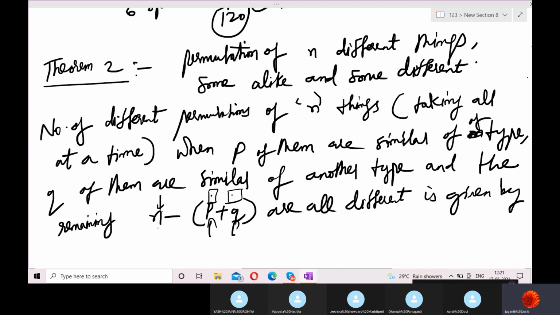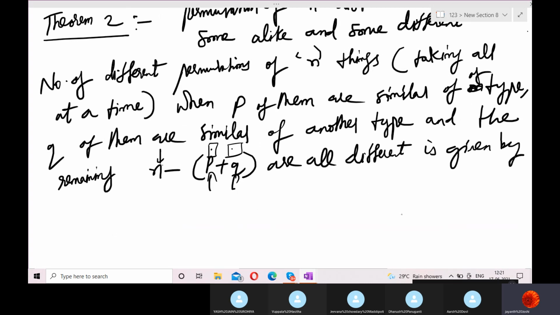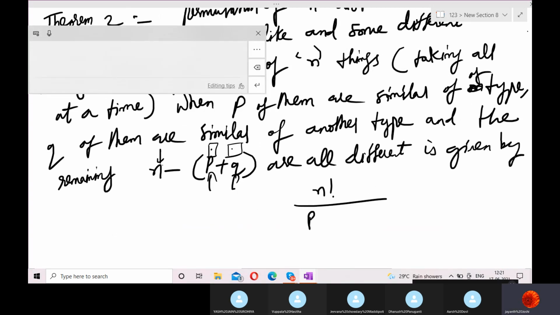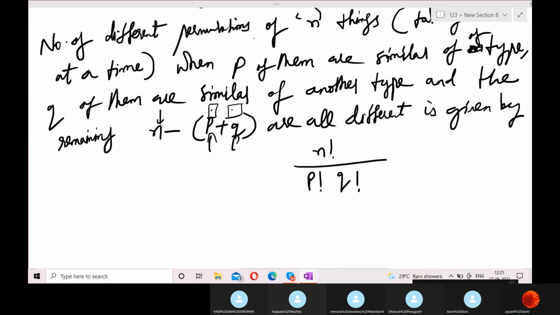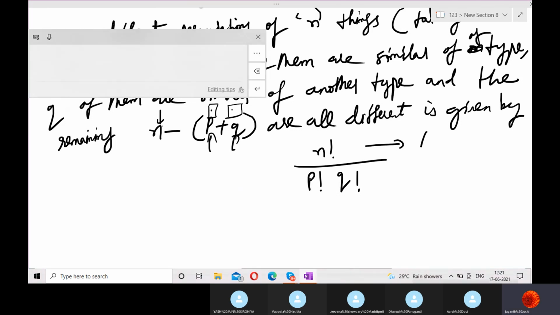Now, how to do the permutation of this? The formula is n factorial by p factorial into q factorial. All of you make a note of this. Don't worry, it's a simple one. I will explain with the help of a question. So here the numerator has what?